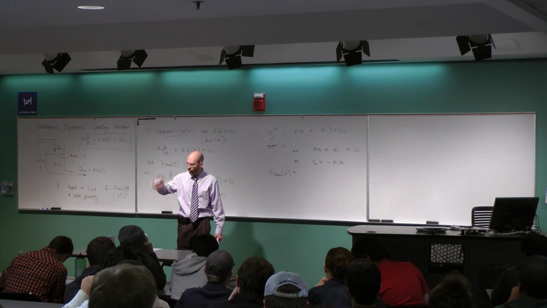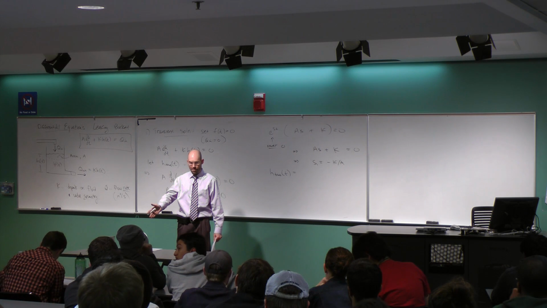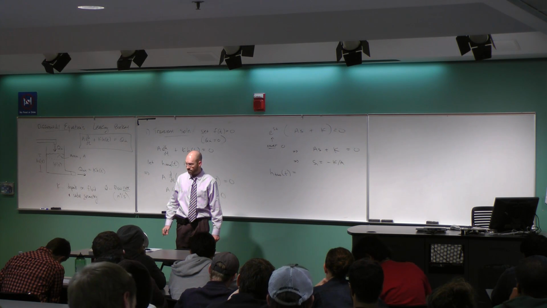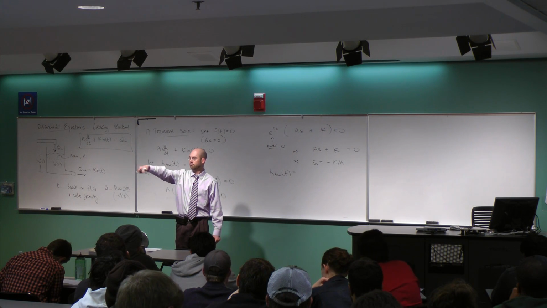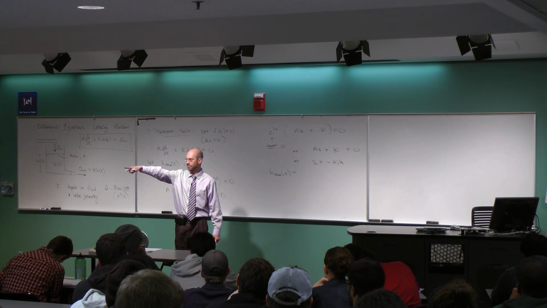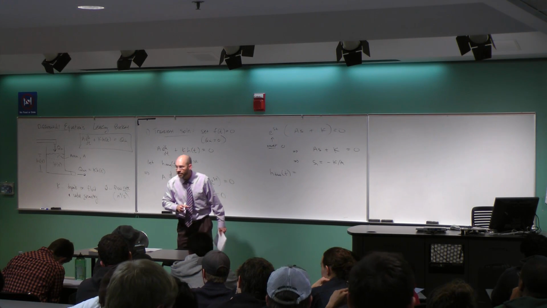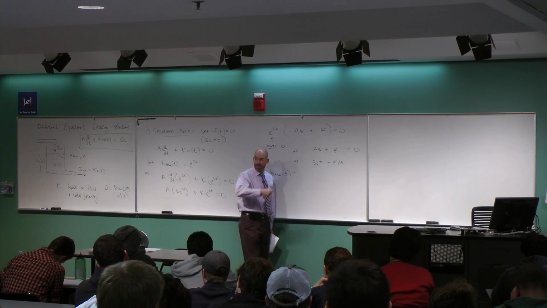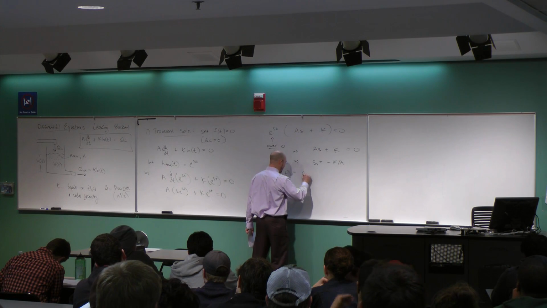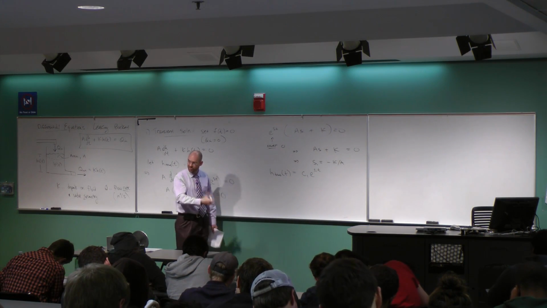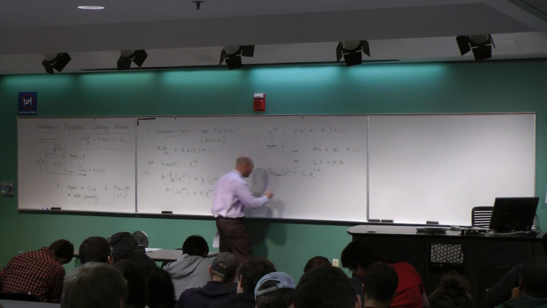When I get an S1, then my transient solution is what? C1 e to the S1t, whatever it is. So the point is I found the S1 that worked for this problem.